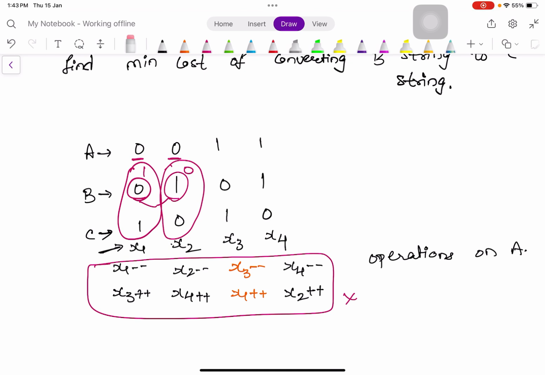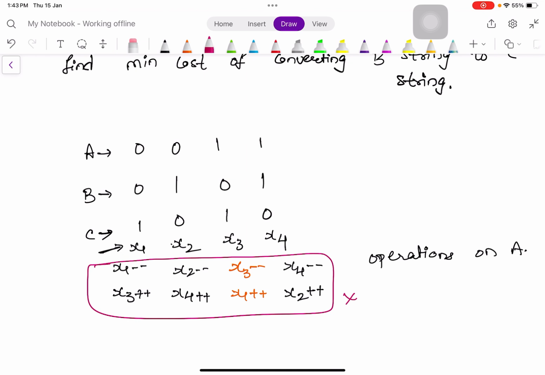Like for example, here this was 0 and this was also 0. That's why we did this swap operation. What if this was 1? If that was 1, then we could not do the swap operation, right? So we know how the swap operation works. Don't worry about this x1 minus, x3 plus, all this is not required right now.